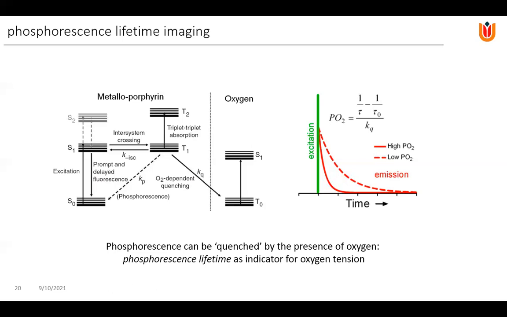If there's a lot of oxygen, a high oxygen pressure, you would see a lot of quenching of the phosphorescence. If there are low amounts of oxygen, then there will be more emission. So we can actually use that to measure how much oxygen is present.